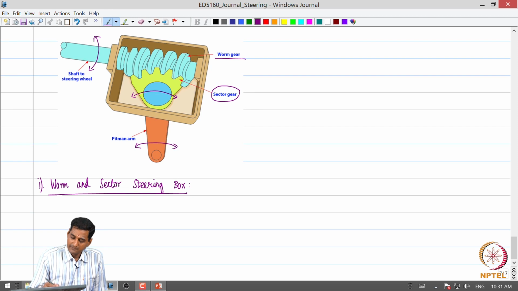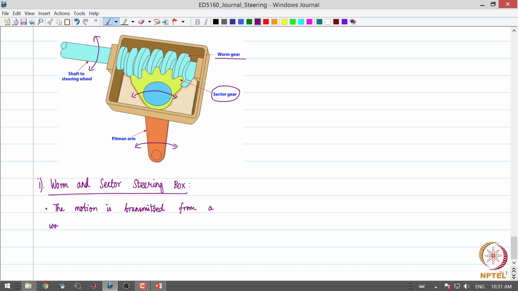right. So here the motion is transmitted from a worm gear to a sector gear mounted on the same shaft as that of the pitman arm.